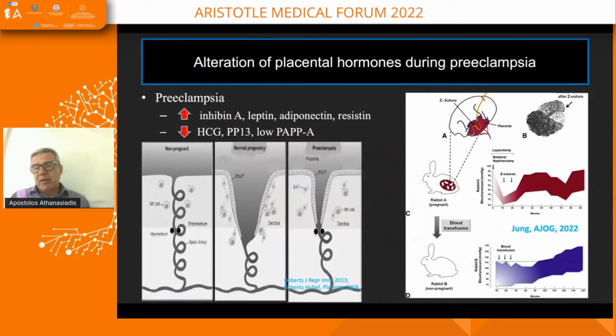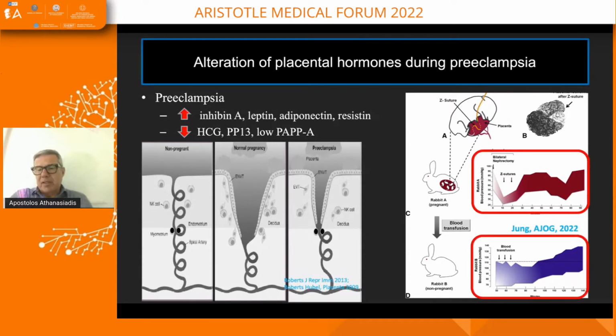Again, when they take rabbits and make a suture in the placenta, so they got a part of the placenta presenting ischemia, we see that at the moment of the ischemia, again, we have hypertension.